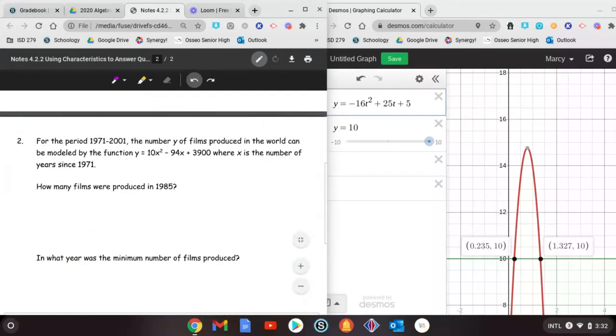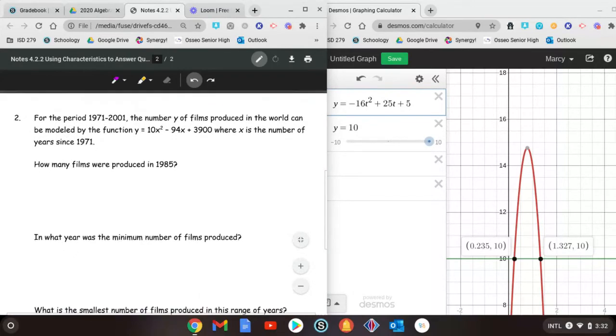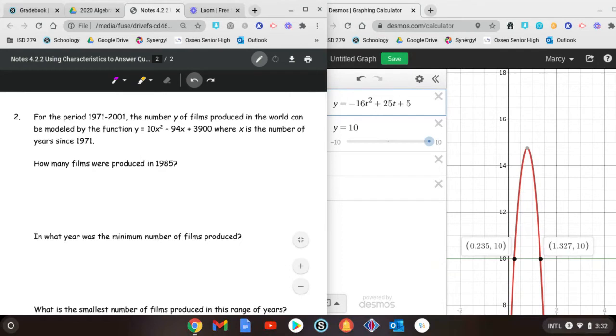So here, for the period 1971 to 2001, the number of films produced in the world can be modeled by this function. Here is my equation, where X is the number of years since 1971. That's important. Y is the number of films produced in the world.